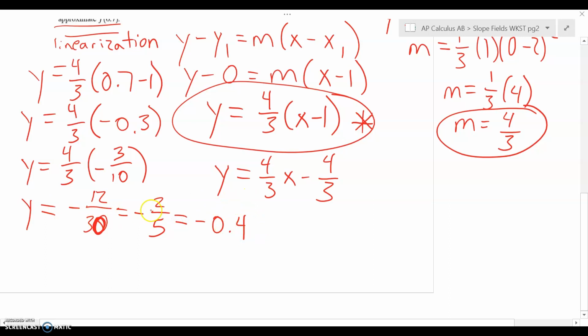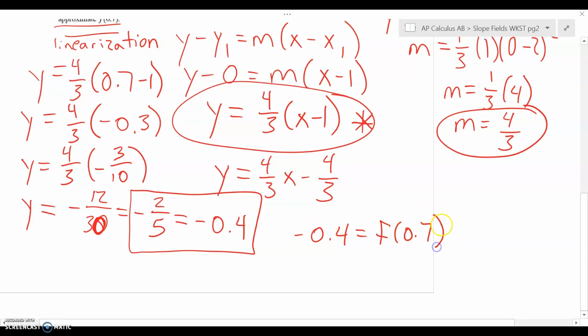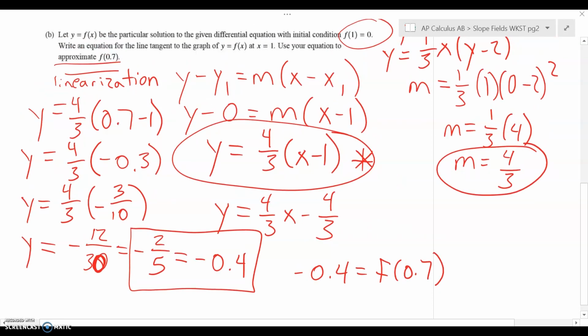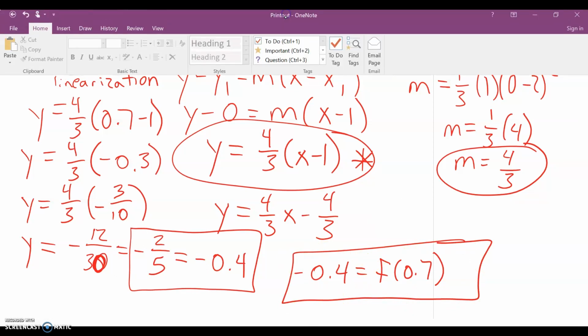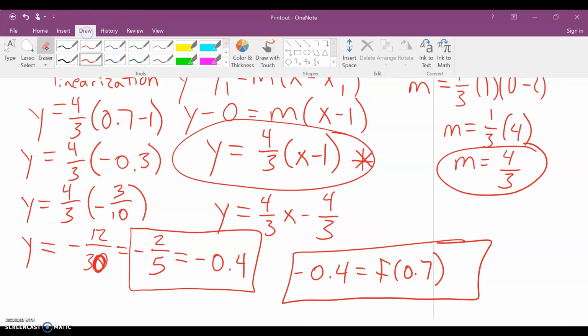Technically speaking, these are all equivalent expressions. These two would be the most reduced. I would suggest you do your best to reduce it down to those, and then pick one of those two. So let's say we pick the negative 0.4. That is equal to the linearization approximation, or the approximate value for the function. And maybe actually let's be really specific here because we have a moment.